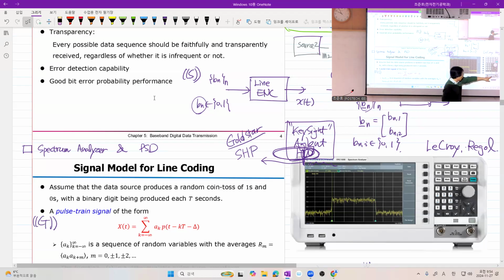So here you have a connector. So for example, you have some power amplifier and then you connect that. And here the power amplified signal goes in and this equipment measures the power spectral density. The theory is actually very simple.